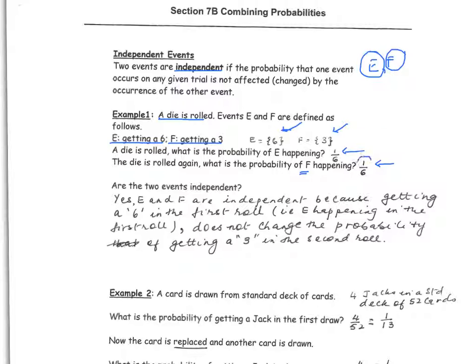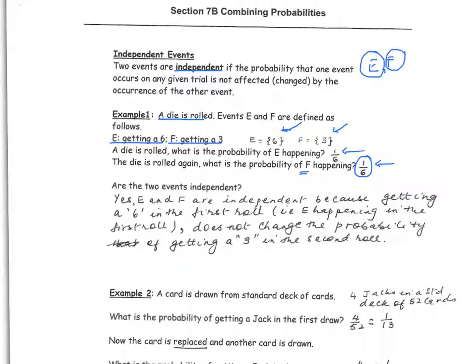Your answer would still be 1 out of 6, because it really doesn't matter whether we got a 6 in the first roll or a 5 or a 4. It really doesn't matter what happened before we rolled the die again. So if we don't have to consider what happened before in order to make a decision about the probability of what's going to happen now, then the two events are independent.